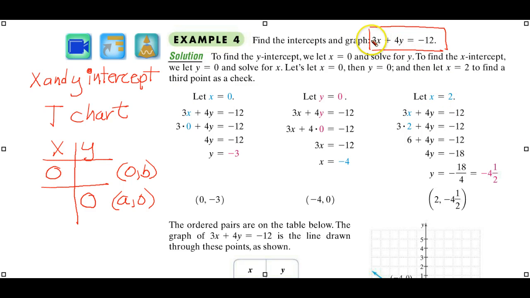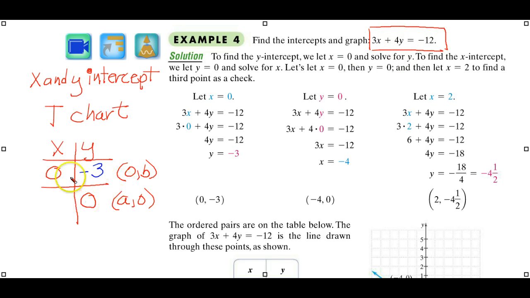This x is 0. So this becomes 0. Now to find what y is, we divide both sides by 4, and we get y is negative 3, where x is 0.